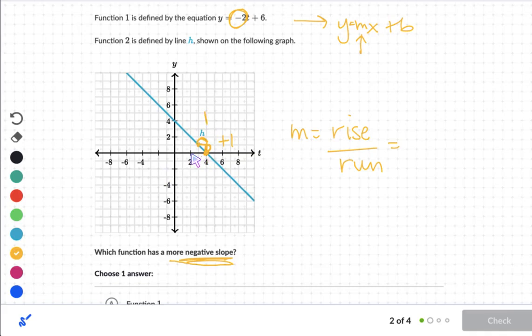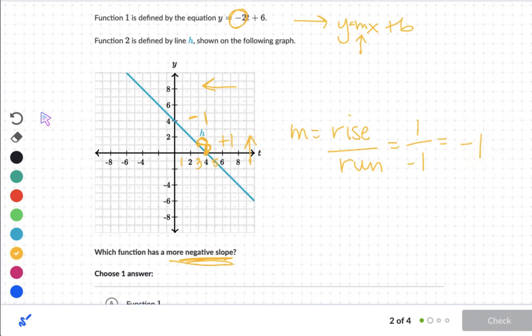Going to the left, it looks like it's going by ones as well. It's just skip counting. Each of these spaces is 1. It's going up first, so that's positive, and it's going to the left. Going to the left is negative. So the rise is positive 1, the run is negative 1. 1 divided by negative 1 is negative 1.